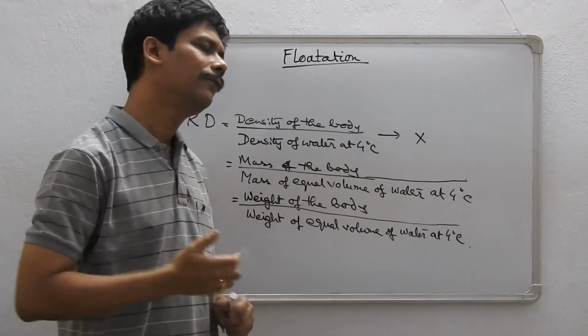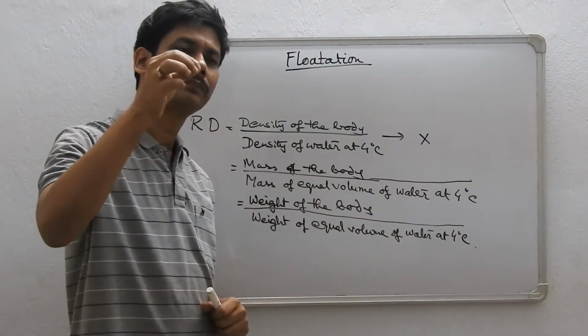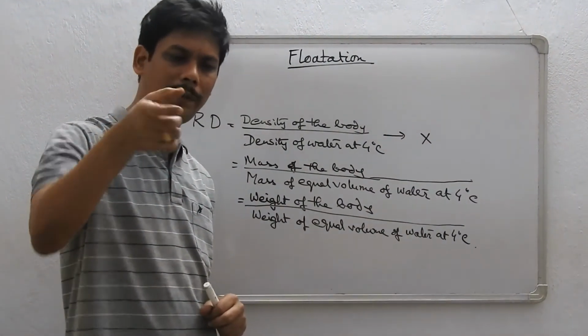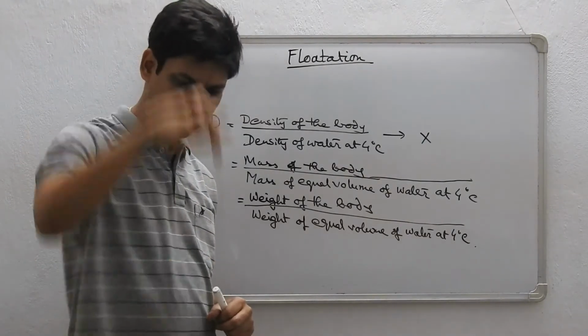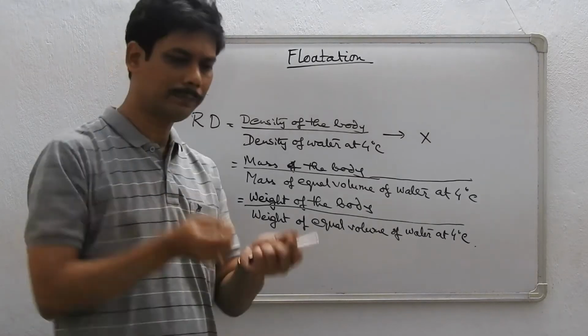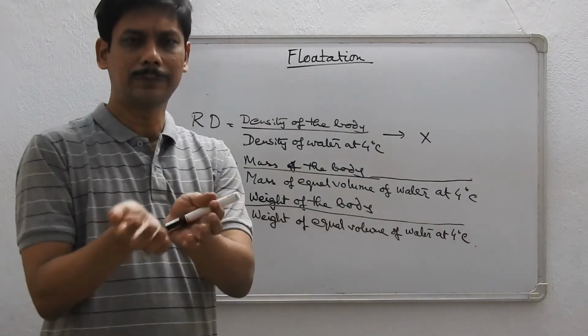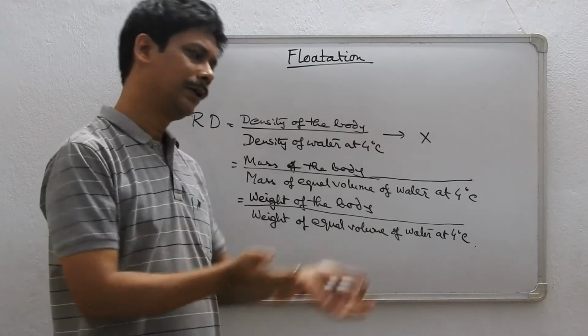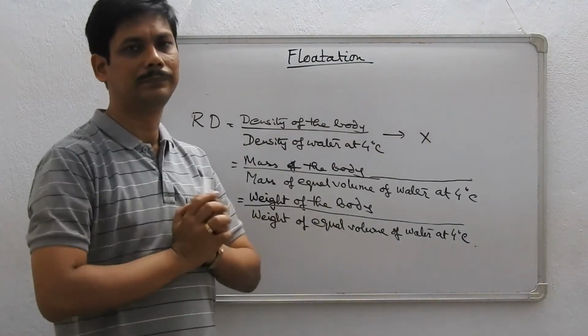For example, if I have a nail or maybe a paper pin, just drop it, it goes down into the water. But if I take a paper and fold it in the form of a boat and put it on water, it floats, it never sinks.